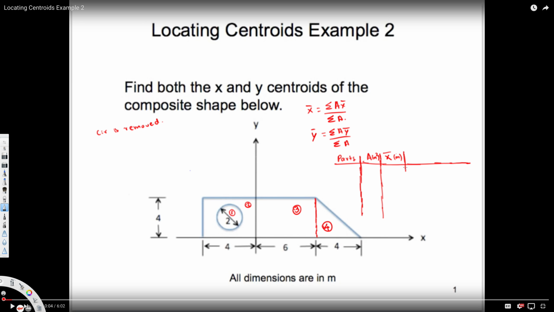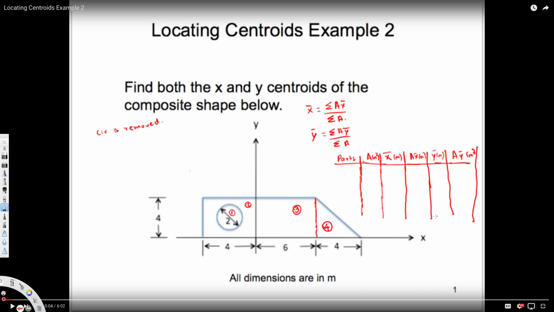This is the distance. Then A x bar is going to be meter cube, because meter square times meter is meter cube. And then we have to calculate y bar, that's meter, and A y bar, that's going to be meter cube.